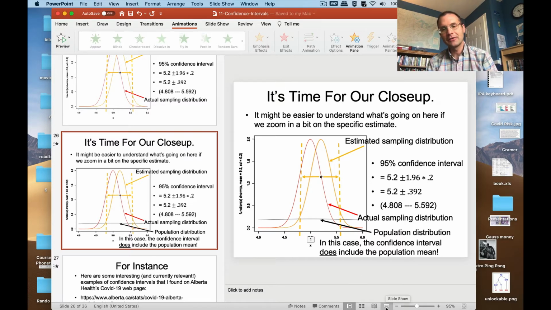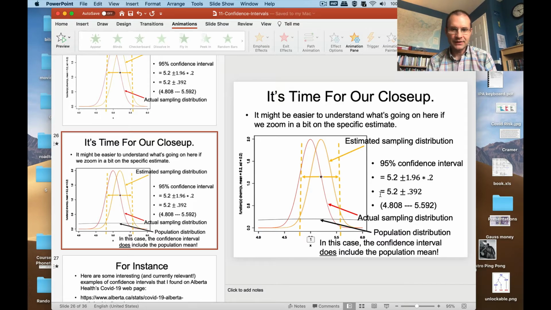For that, we can go back to the sample confidence interval that I calculated at the very end of the second part of the lecture. If you recall, we had this population distribution with an underlying mean of 5 and a standard deviation of 0.2.